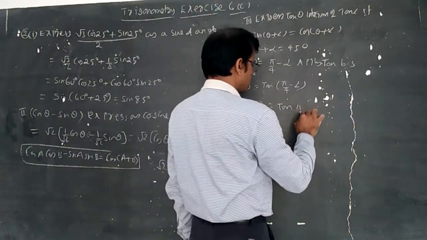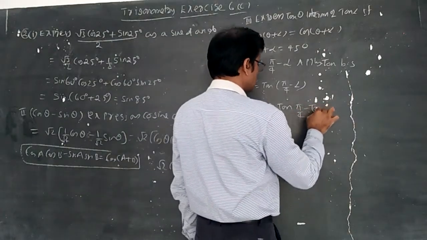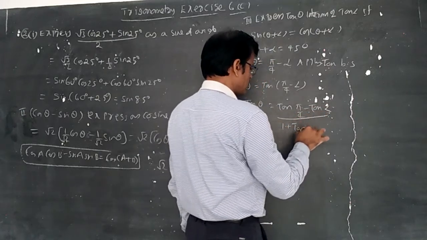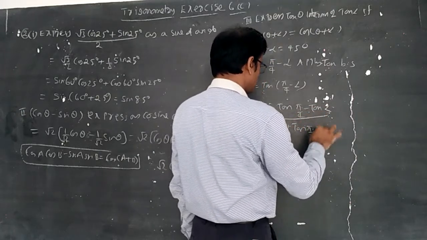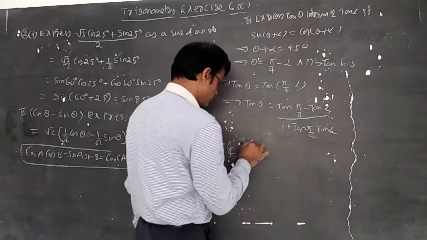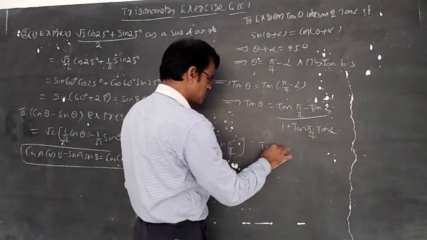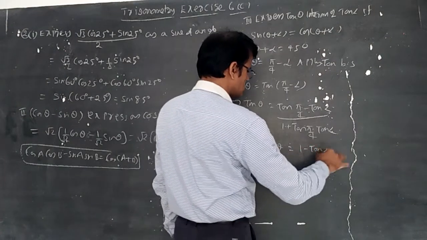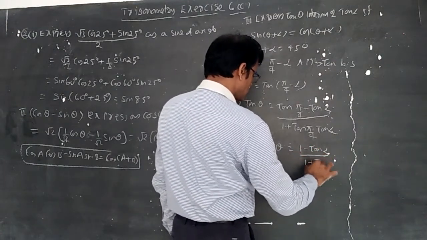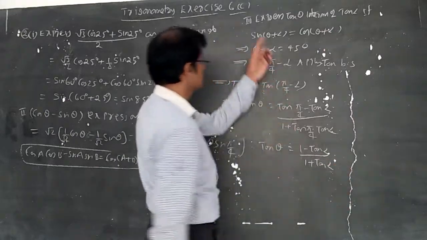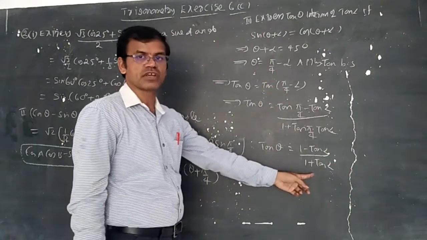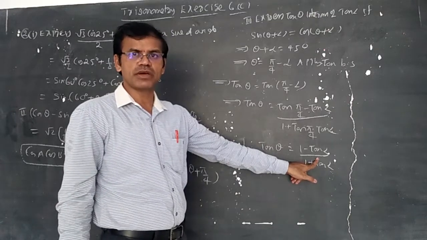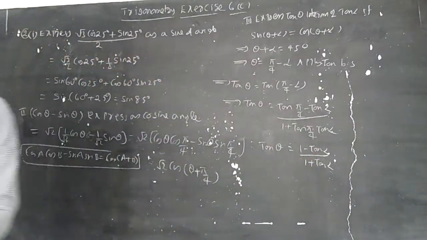So tan pi by 4 minus tan alpha whole by 1 plus tan pi by 4 into tan alpha. Therefore tan theta is equal to, tan 45 means 1, 1 minus tan alpha by 1 plus tan alpha. He is asking to express tan theta in terms of tan alpha. We got 1 minus tan alpha by 1 plus tan alpha.